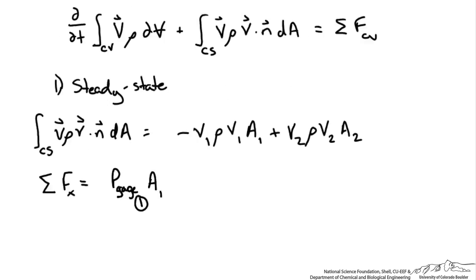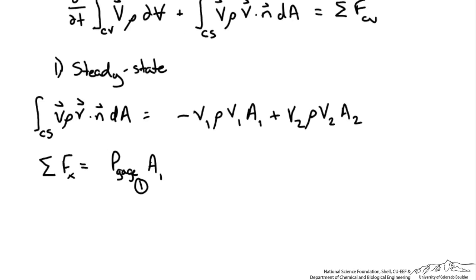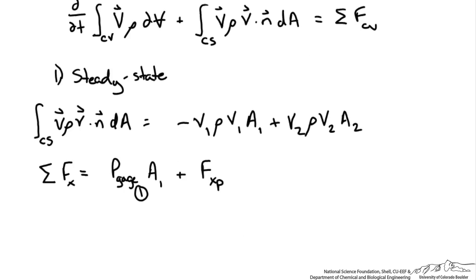And since at section 3 it's open to atmosphere as a free jet, there's going to be no pressure force at that point, so the only other force would be that of interest, which we'll say is Fxp for the force of the pipe on the T. And this force, if we looked up at our diagram, would pretty much be the anchoring force that the pipe is exerting on, holding onto that T. So all said and done, if we put these two together, we get the following equation.